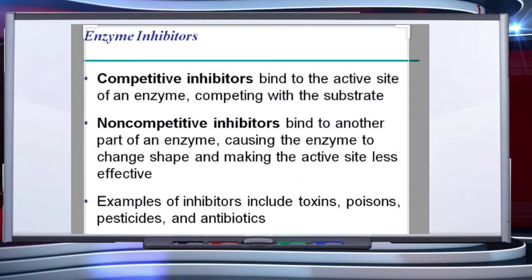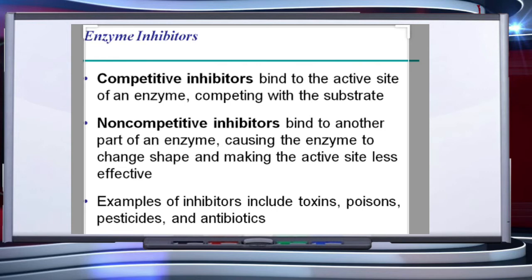Other than temperature, pH, and substrate concentration, the activity of an enzyme is also sensitive to the presence of some specific chemicals that bind to the enzyme. When the binding of the chemical shuts off enzyme activity, the process is called inhibition and the chemical is called an inhibitor.